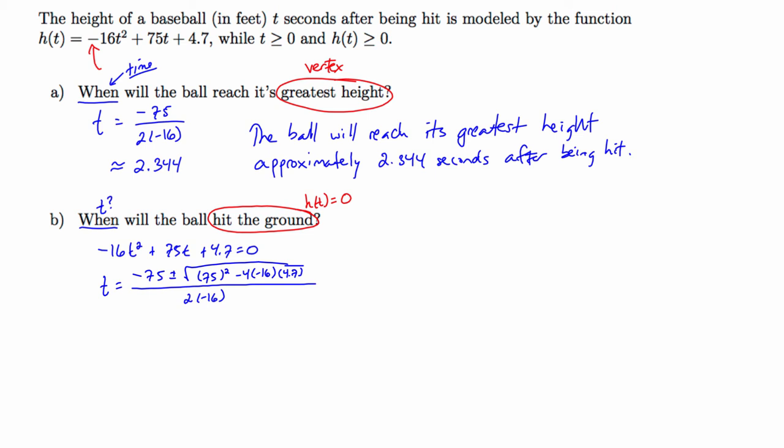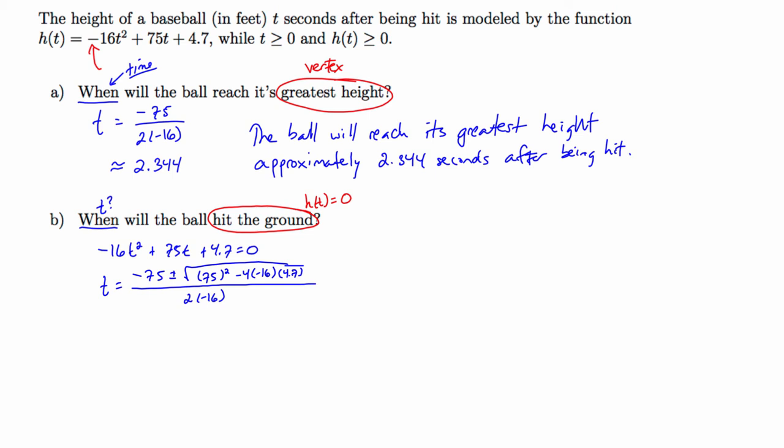Continuing with some of the simplification, 75 squared is 5,625. Negative 4 times negative 16 times 4.7 is 300.8. In the denominator, 2 times negative 16 is negative 32.